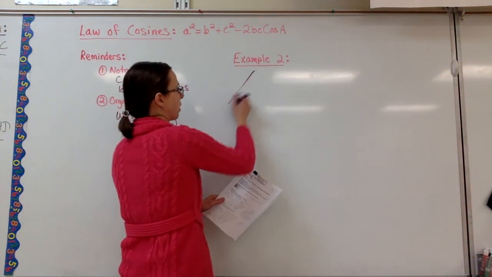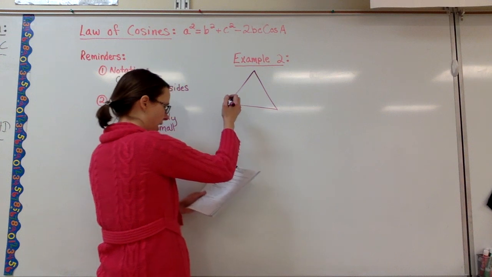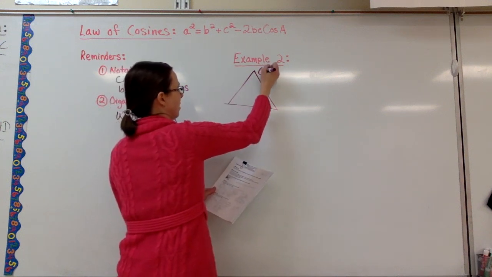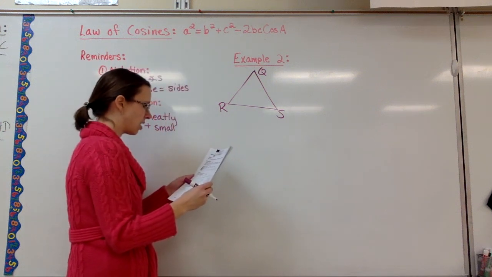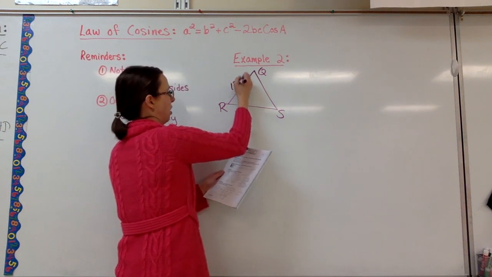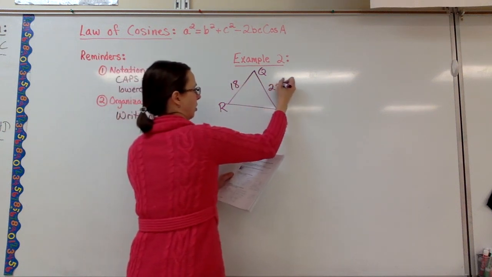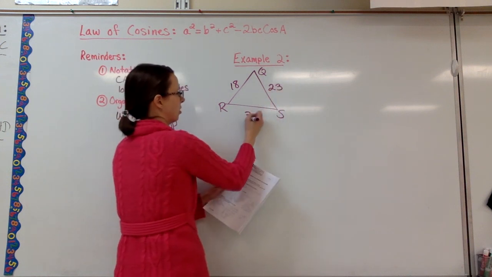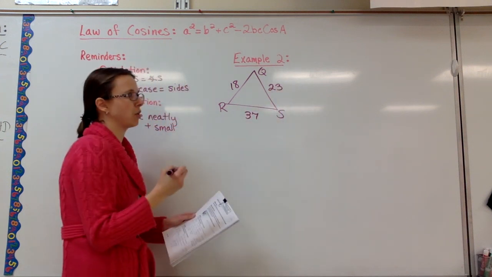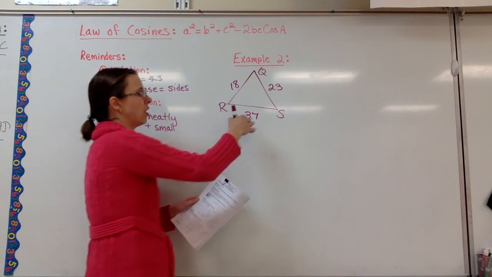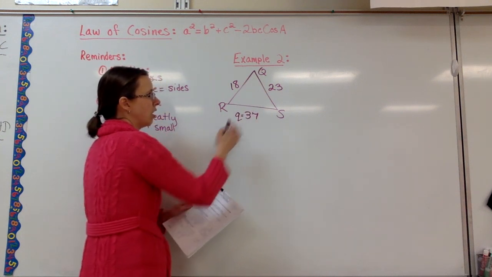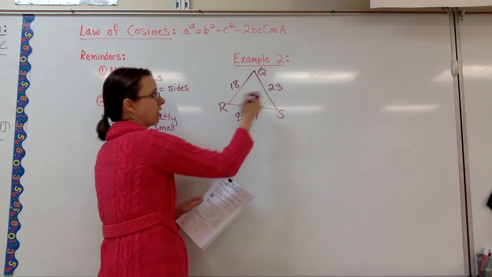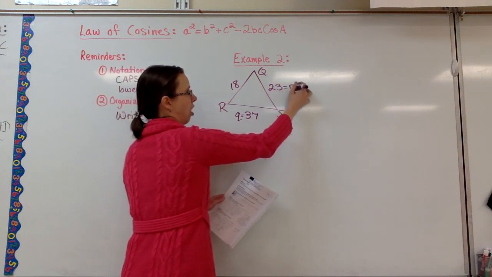The triangle that we're working with in example 2 is triangle QRS, and the sides that we know are as follows. And so we want to make sure we put labels on each of those. 37 is opposite Q, so that becomes my little q. 23 is opposite angle R, so that becomes my little r.